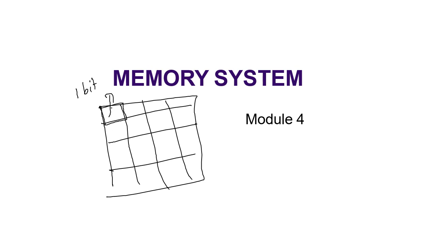In a single address you will have 8 such bits, or 8 cells grouped together, to form 1 byte of memory. So this 1 byte of memory will have one address. This is the basic knowledge we have.